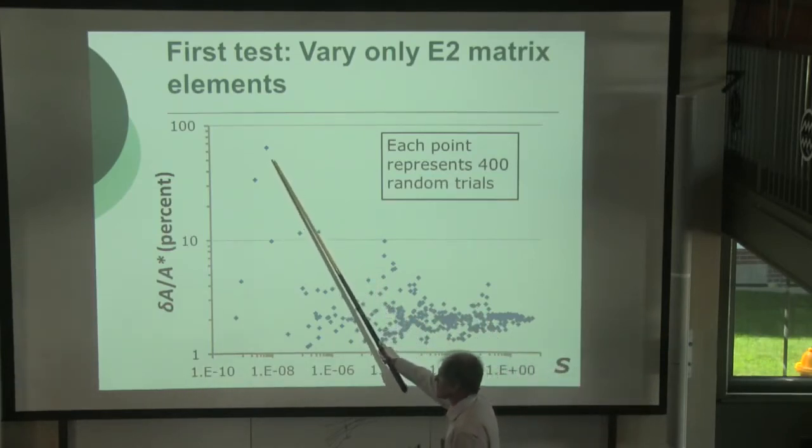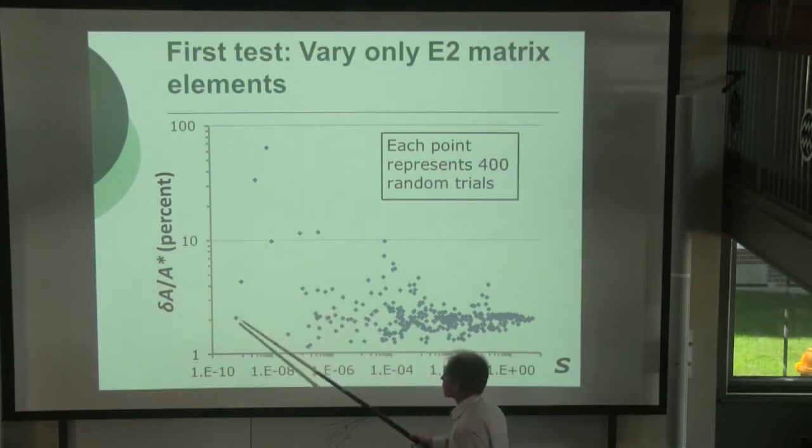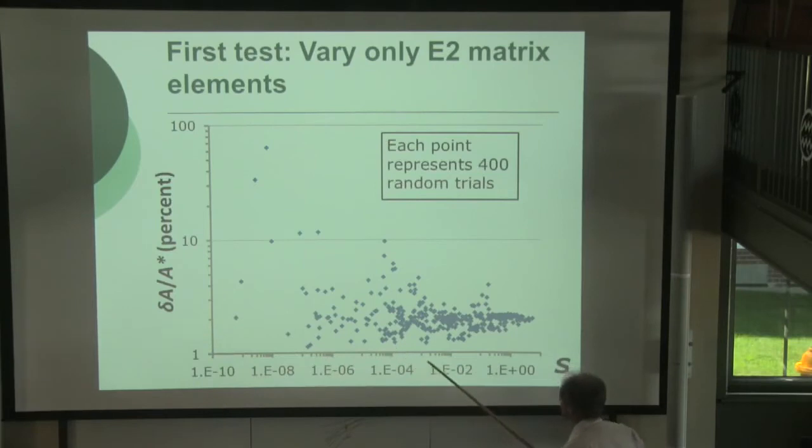Some of them can be bad, and some of them can still be good. So you really need to assess the quality of each transition separately. There is no way to tell exactly which one of them will be sensitive or not before doing the calculation.